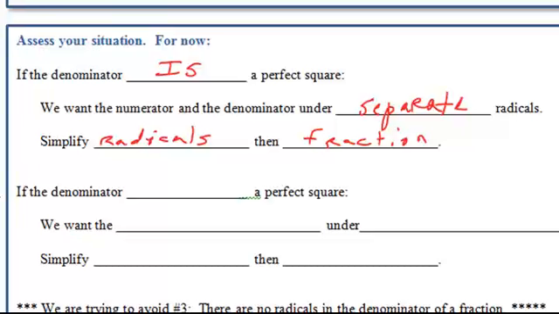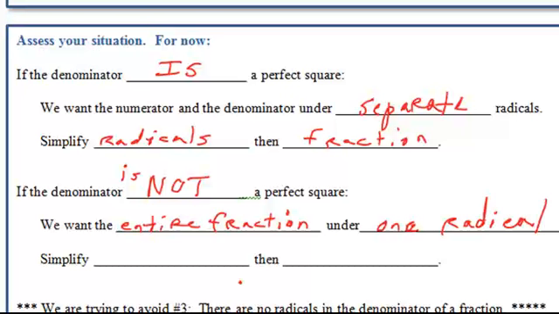Now, on the other hand, if the denominator is not a perfect square, then we want the entire fraction under one radical.